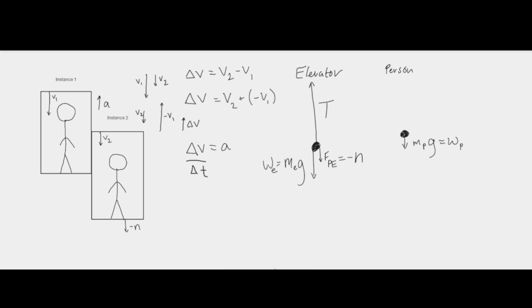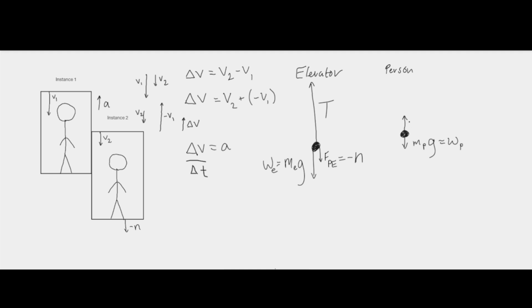I don't want to use W and just keep it by itself because I have to differentiate between these. These are going to have a different mass. The elevator is going to have much more mass than the person, who's going to have less mass. So this vector is also going to be smaller than the vector on the elevator. So, okay, you have the mass of the person times gravity, that's the weight force. And then you're going to have this upward normal force, and it's going to be the force of the elevator on the person.